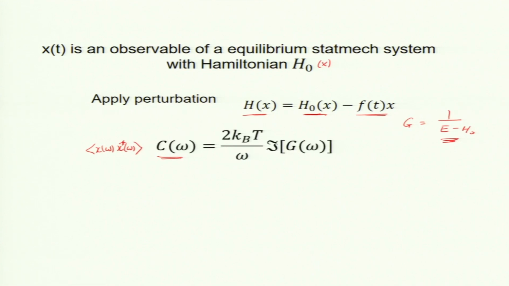The C omega is connected with the Green's function. Okay. So, this is the fluctuation and there is the dissipation in the Green's function, and the proportionality constant is 2 kBT by omega. Okay, T is the temperature and omega is the frequency.